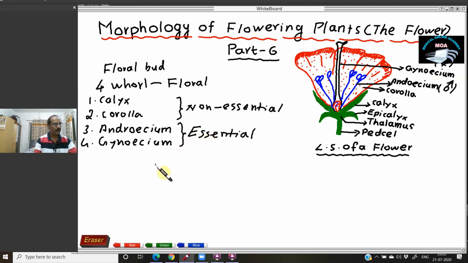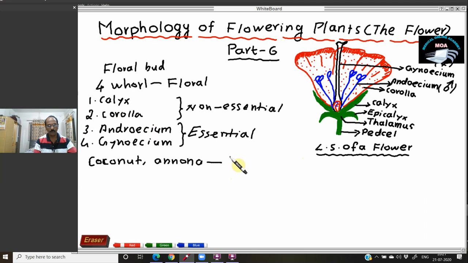In some plants like coconut, arecanut or supari, and annona, meaning ramphal and sitaphal, there is a particular structure: the calyx and the corolla are not differentiated. You cannot say this is the calyx and this is the corolla.